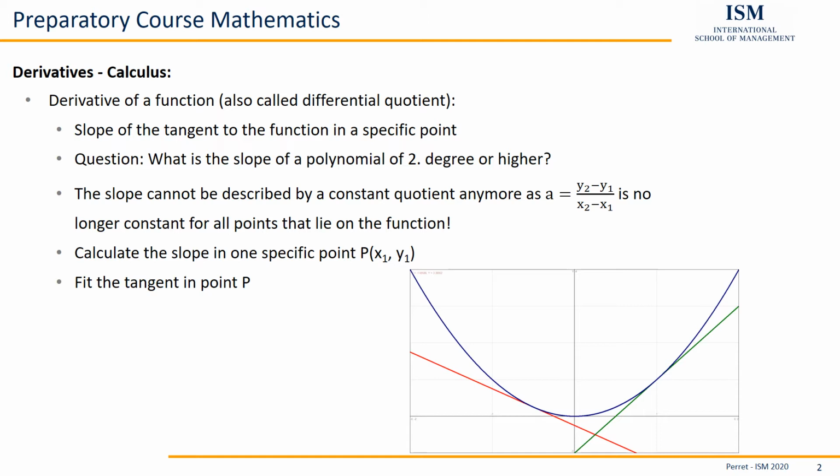So if I get one point as close as possible to the other point, then the formula for the slope becomes what we call the differential quotient, or the first derivative in this particular point.